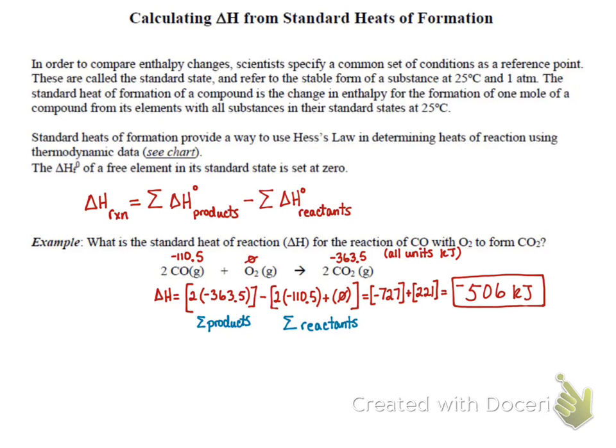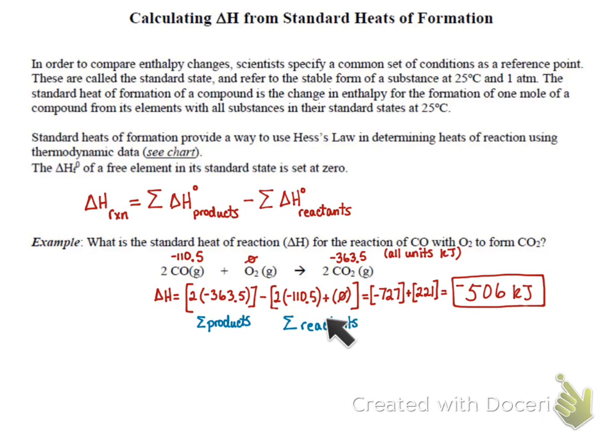So it's 2 times CO2, and then minus the sum of all the reactants. And the reactants are carbon monoxide, which is 110. It is also going to be multiplied by 2 because of the 2 here.